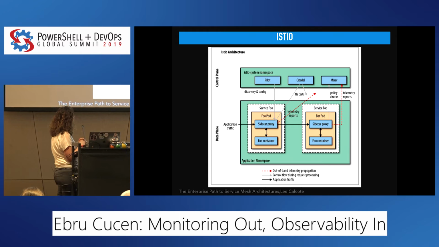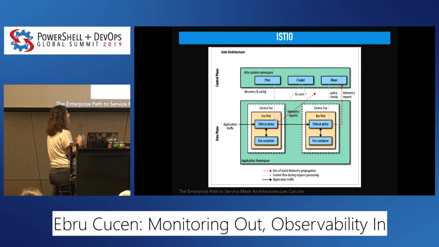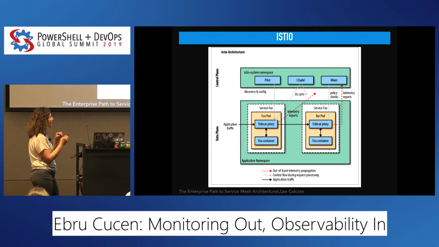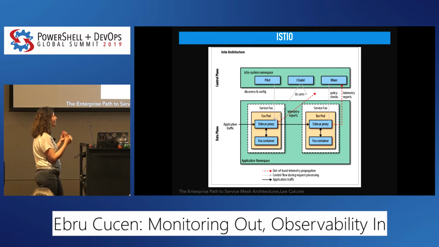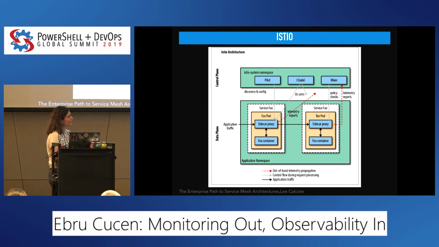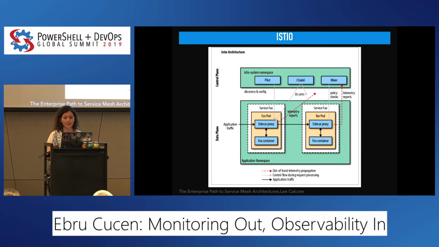And as an application namespace, whatever that namespace has, each service is talking to each other via the sidecar proxy. And each sidecar proxy is responsible for sending out to the mixer, which is responsible for all the Grafana or other Prometheus metrics.